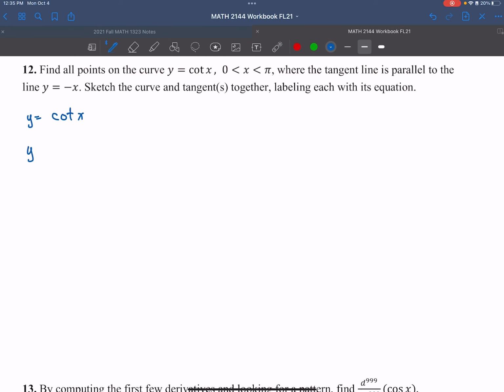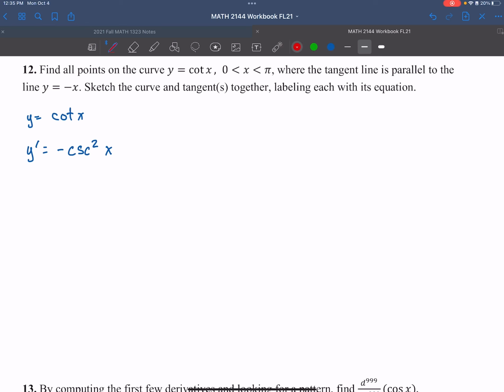So its derivative is just going to be y prime is minus cosecant squared of x. I don't need the derivative of y equal to minus x because I don't need to find any tangents on that curve. I'm just asked to find the tangents on the curve y equal to cotangent of x.